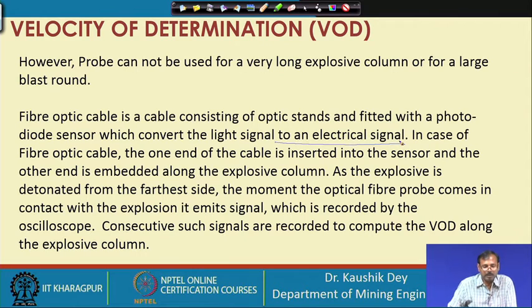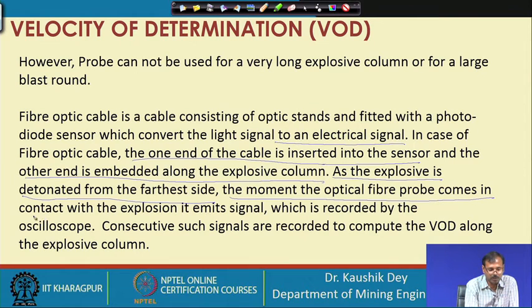In the case of fiber optic cable, one end of the cable is inserted into the sensor and the other end is embedded along the explosive column, and as the explosive is detonated from the farthest side, the moment the optical fiber probe comes in contact with the explosion, it emits a signal, and those signals are recorded in the oscilloscope. Consecutive such signals are recorded and the VOD is computed using the same technique as the probes. So we have continuous input signals, and from those we can calculate the VOD continuously.